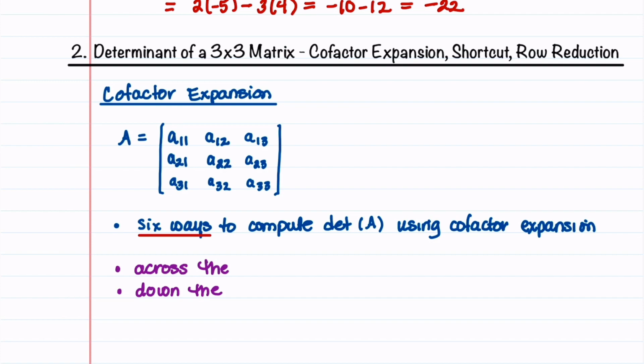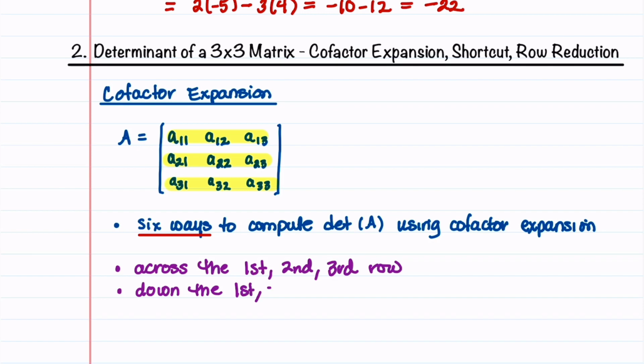You can use cofactor expansion across the first, second, or third row. Here's the first row, here's the second row, and here's the third row. Or you can do cofactor expansion down the first, second, or third column.